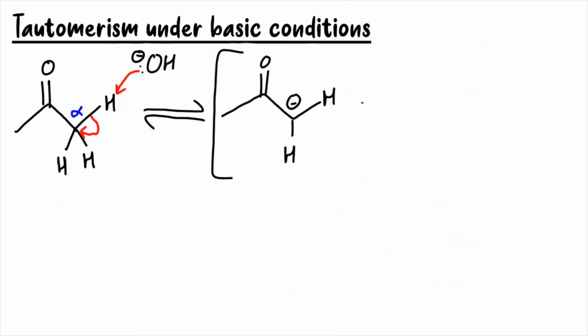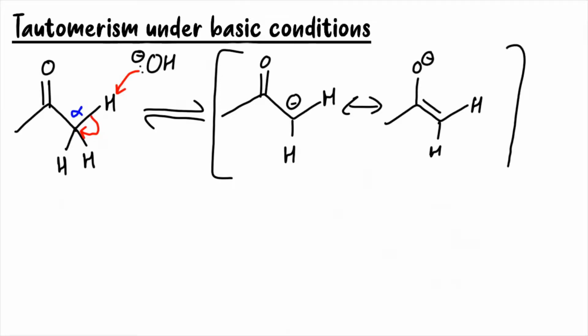So the first resonance structure with the negative charge on the carbon, and the second resonance structure with the negative charge on the oxygen. And I'll just show how those resonance structures are formed.